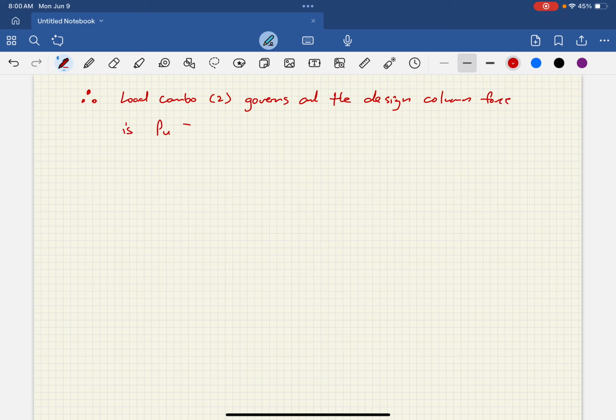It's going to be P_U equals the 126.5 kips. So that's the solution. And what that means is if we were to design this column, we're going to design it for 126.5 kips, which was developed and came out of load combination 2.